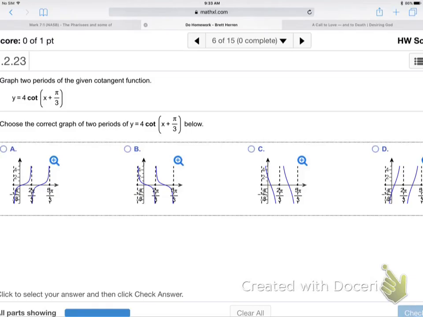All right, try that one. 4 cotan of x plus pi over 3. So don't worry about 4. You know what to do. Just grab the x plus pi over 3 and plop it down in the middle between 0 and pi.